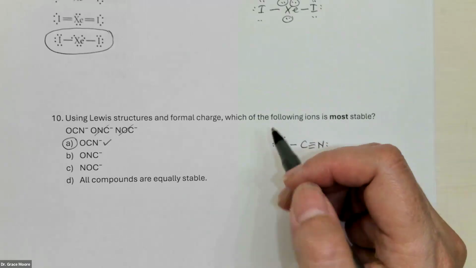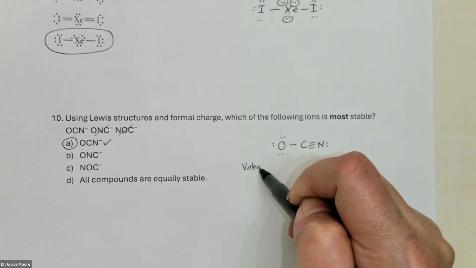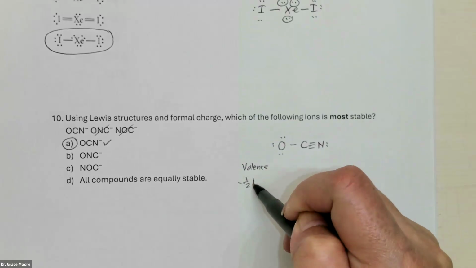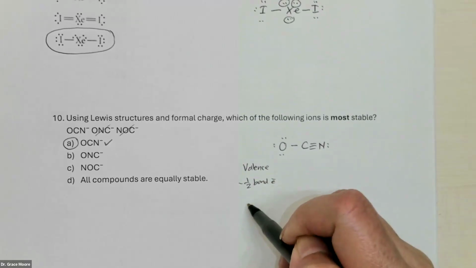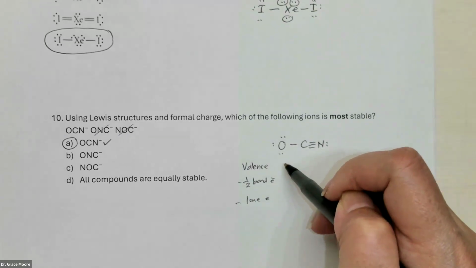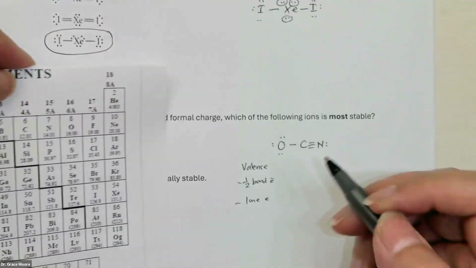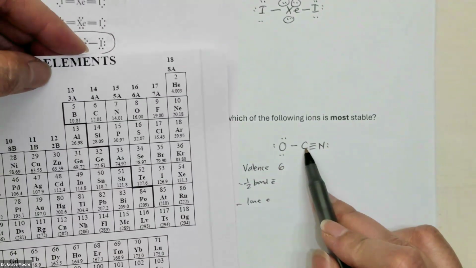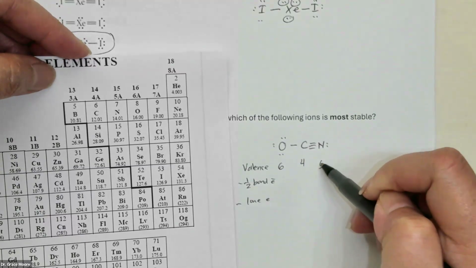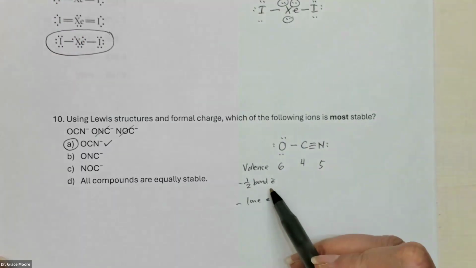Now remember, to get the formal charges, we count the valence minus half of the bonded electrons, not pairs, individual electrons, and minus the lone electrons. Oxygen is group 6, so I have 6 valence electrons. Carbon is 4 valence. Nitrogen is 5 valence. Now, how many bonded?